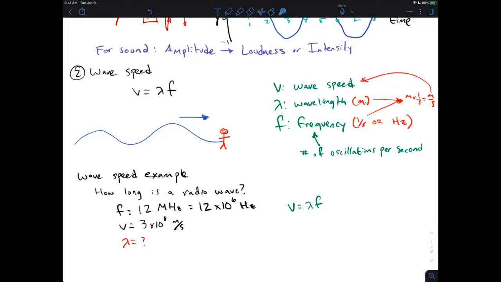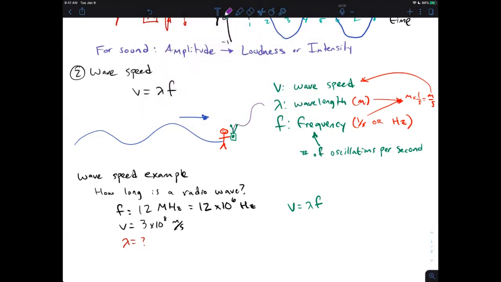I want to know how long that wave actually is when it comes into my car, if I'm listening to a little radio. If this guy here has a little radio, that's a radio antenna. How long is the radio wave that's coming in?